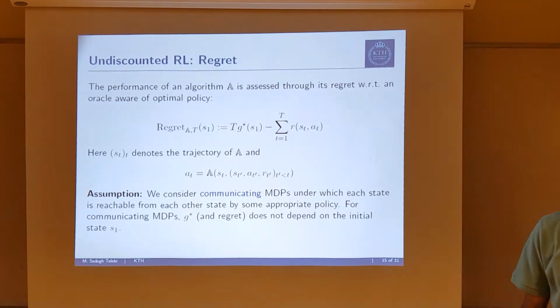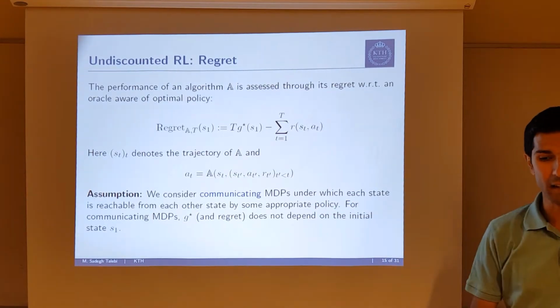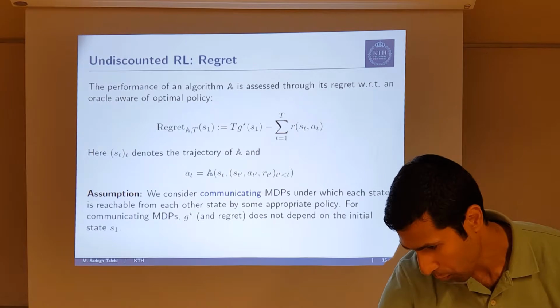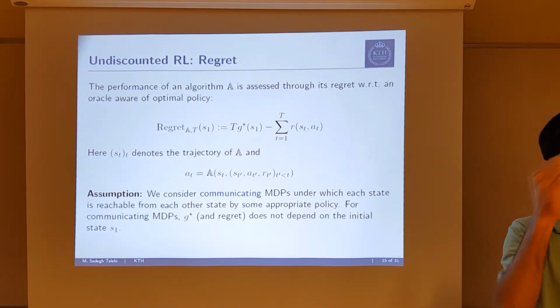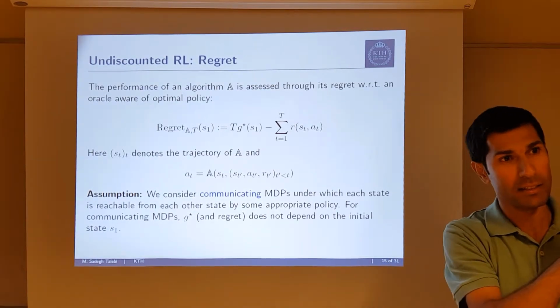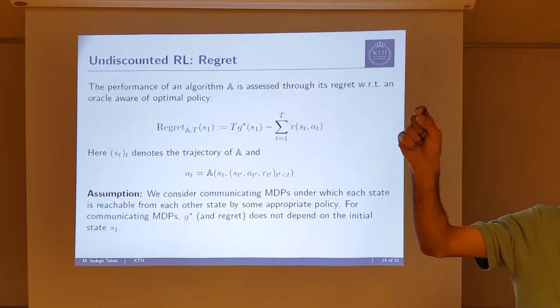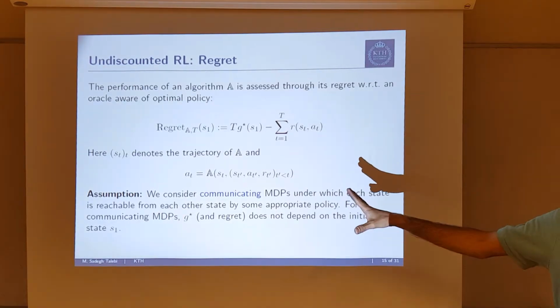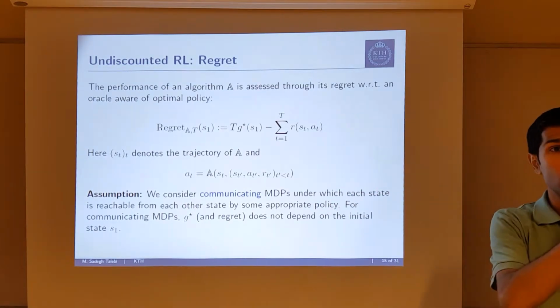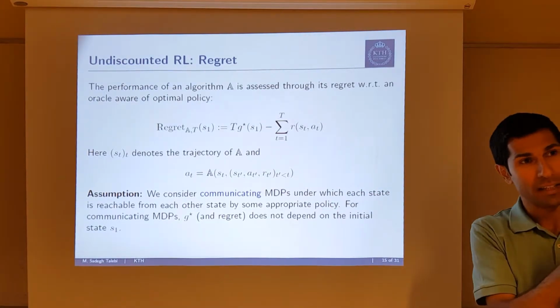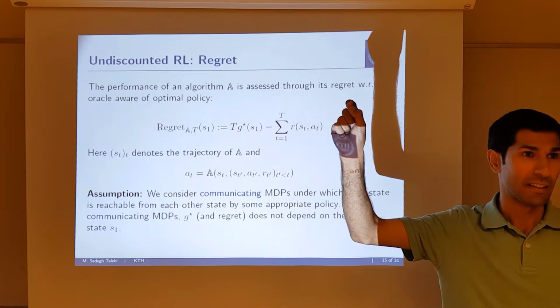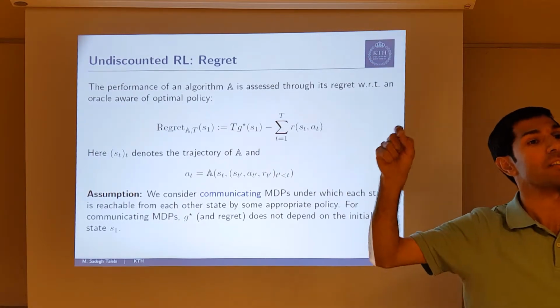Is it like ergodicity? This is weaker than ergodicity. So we have the ergodic class. In the ergodic class, under any policy, you reach from any state to any other state in finite time in expectation. But a communicating MDP says that you may not reach any state from any other state under any policy, but under some policy.